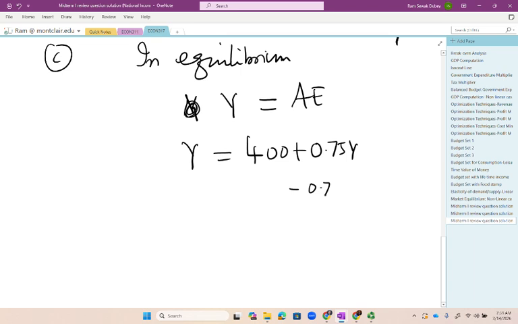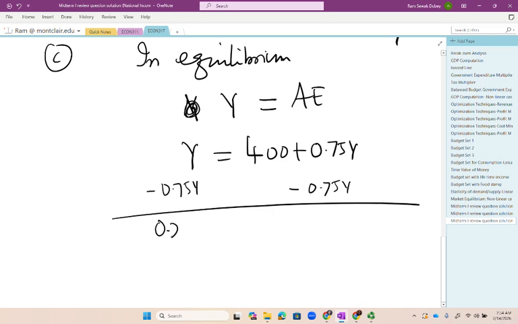So I subtract 0.75y from both sides of the expression to obtain y minus 0.75y turns out to be 0.25y. Remember, if there is no coefficient here, the coefficient is 1. So 1 minus 0.75 is 0.25. These two terms cancel out, 400 on the right hand side.